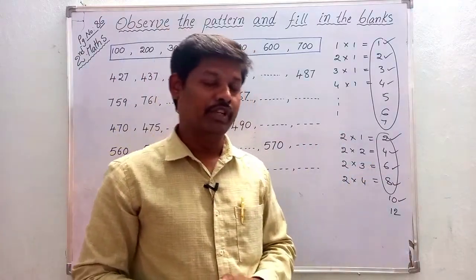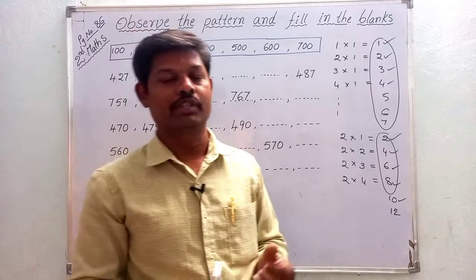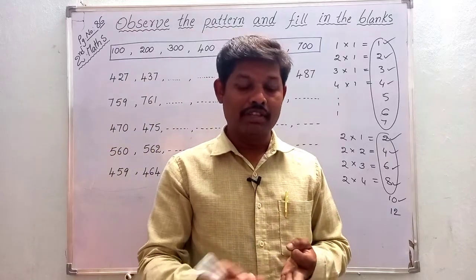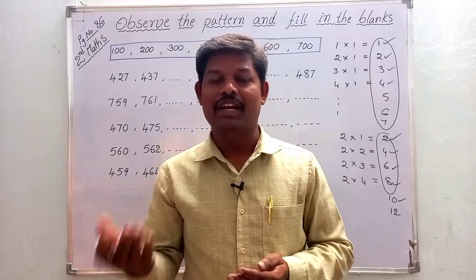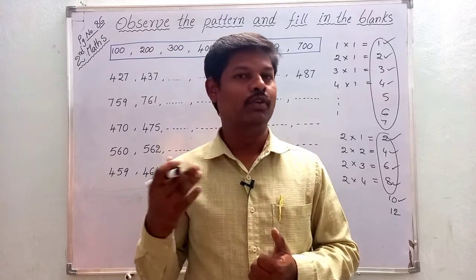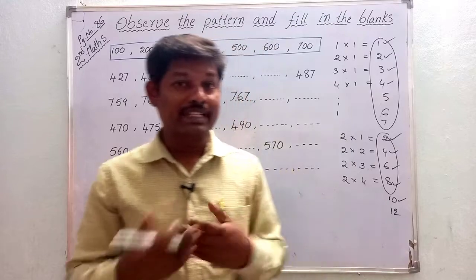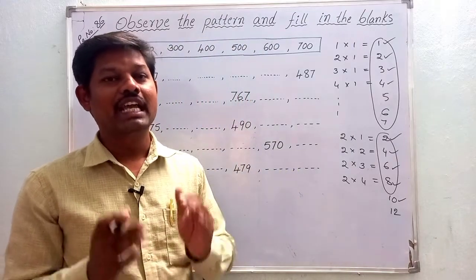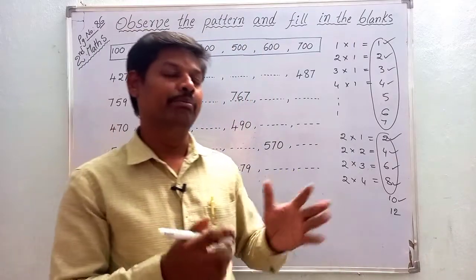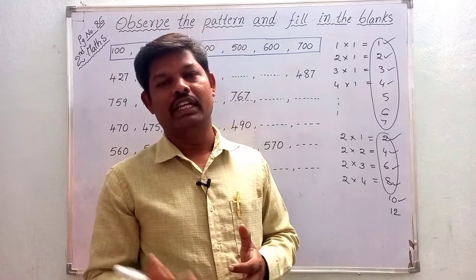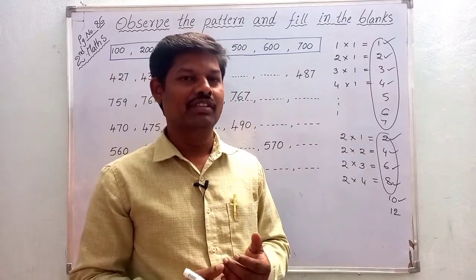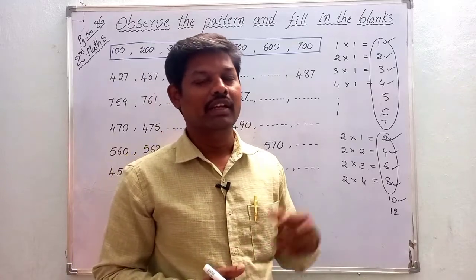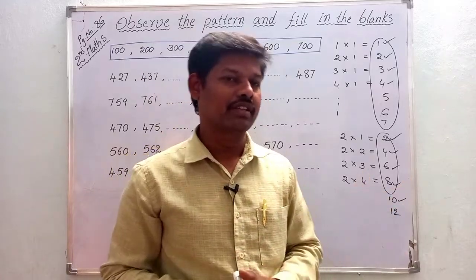In the 3 table, first we have 3. 3 plus 3, 6. 6 plus 3, 9. 9 plus 3, 12. 12 plus 3, 15. So like that we will get a pattern. If you know addition, adding numbers, easily we can write big patterns.